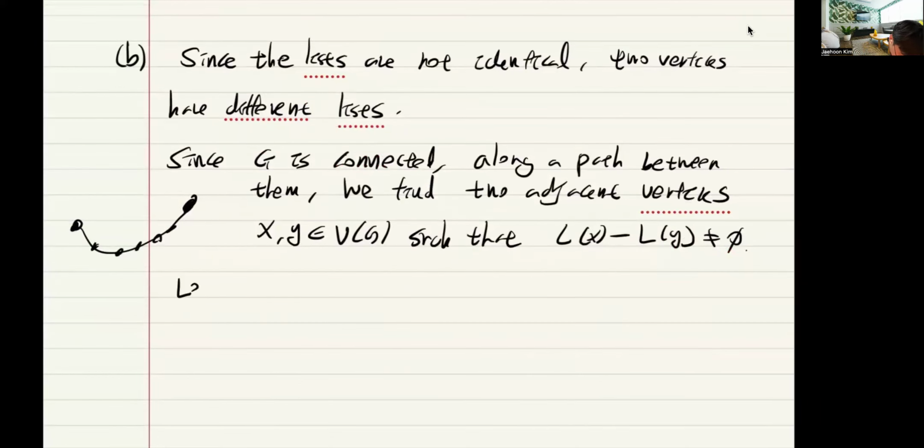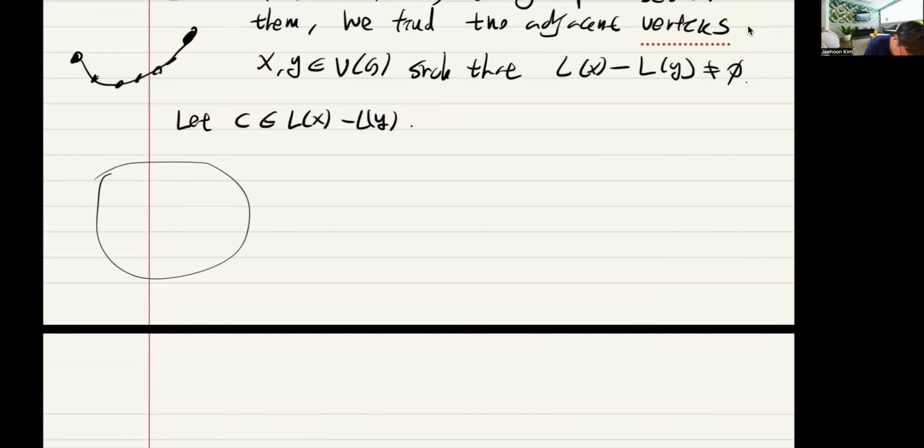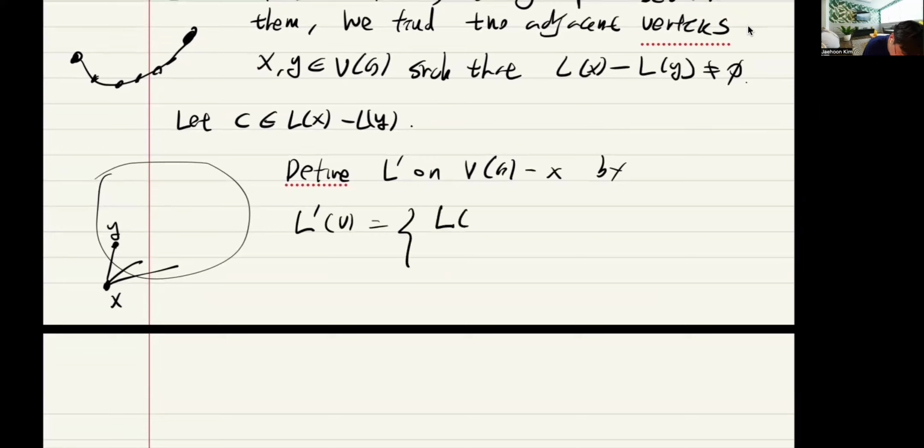So let's say C is the one which is in L of x, but not in L of y. So now what do we do? You have this graph, and then you have x, you have y. Now what we do is we define a list L prime on all the vertices other than x by L prime of v is either L of v or L of v minus C. This is for the non-neighbor of x, and this is for the neighbor of x.